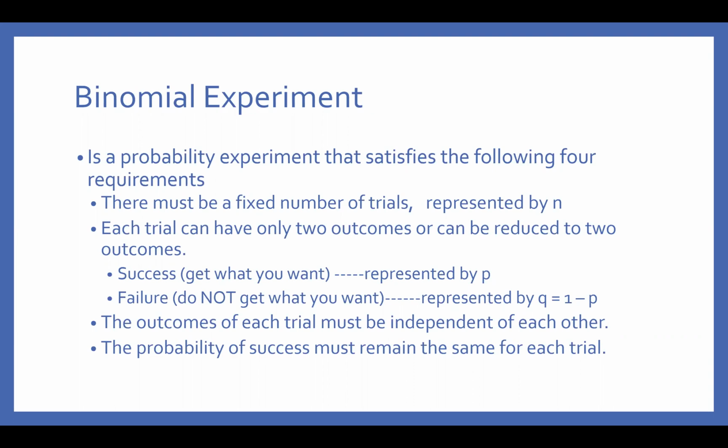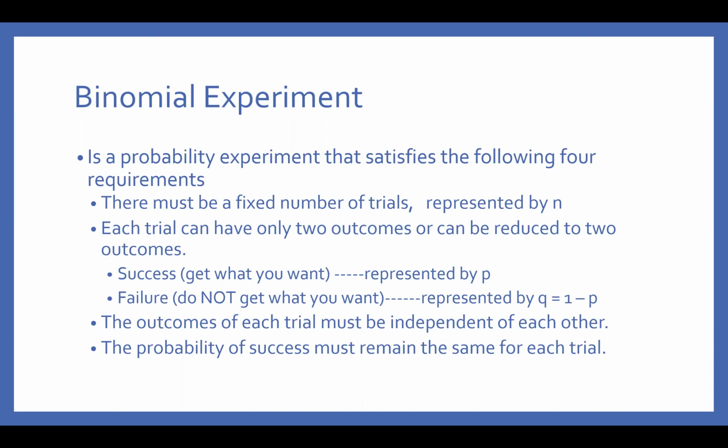Usually that success is represented by a lowercase p in terms of the binomial experiment. It's just a symbol for P is success. Failure means you don't get what you want, and it's represented by q.